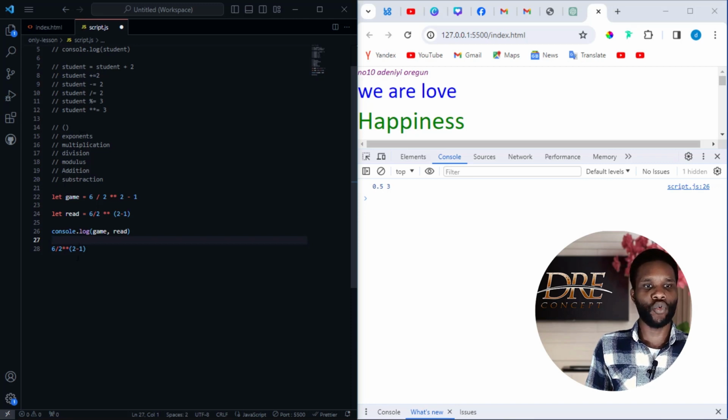That's the parenthesis, 2 minus 1, which will give us 1. So we will have 6 divided by 2 raised to power 1. 2 raised to power 1 will be 2. So 6 divided by 2 will be 3. So that's why we have a value of 3 for it. So you can see that the operator's precedence is very important to get the actual value regarding arithmetic operation.